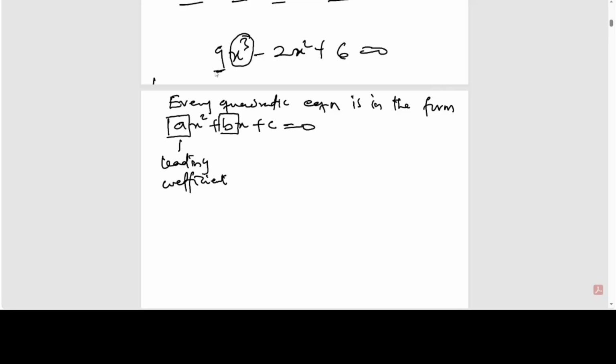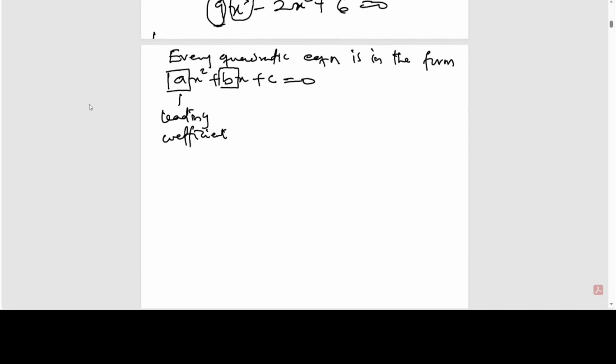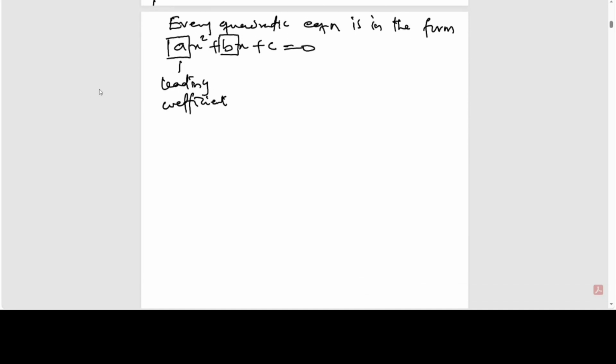Its coefficient is 9, so 9 is the leading coefficient. So a is called the leading coefficient, the coefficient of the term that has the highest exponent, b is the coefficient of x, and c, if we put y here, c will be called the y-intercept. We normally call it the constant, and that's fine.